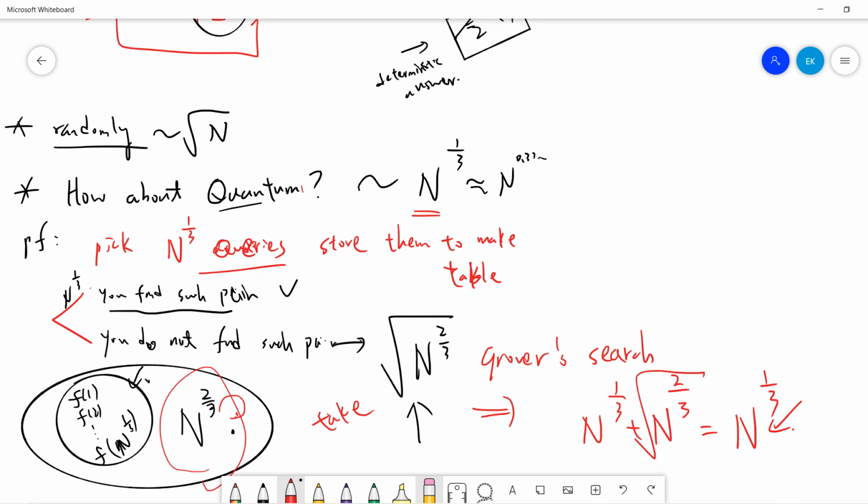By Grover's algorithm, you only take the square root of n to the 2/3. So you only need n to the 1/3 plus n to the 1/3, and the total complexity is n to the 1/3. This is better than the randomized square root of n. Sorry, I changed the lowercase n to an uppercase N, but ideally this is the idea.